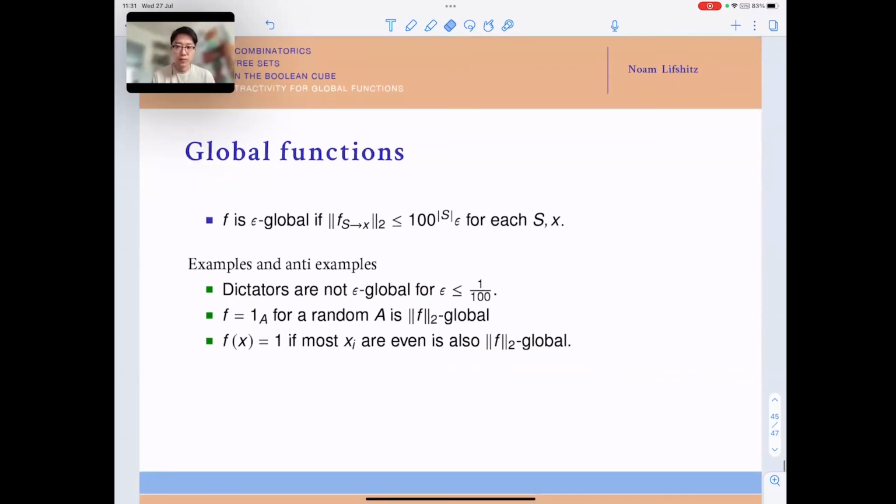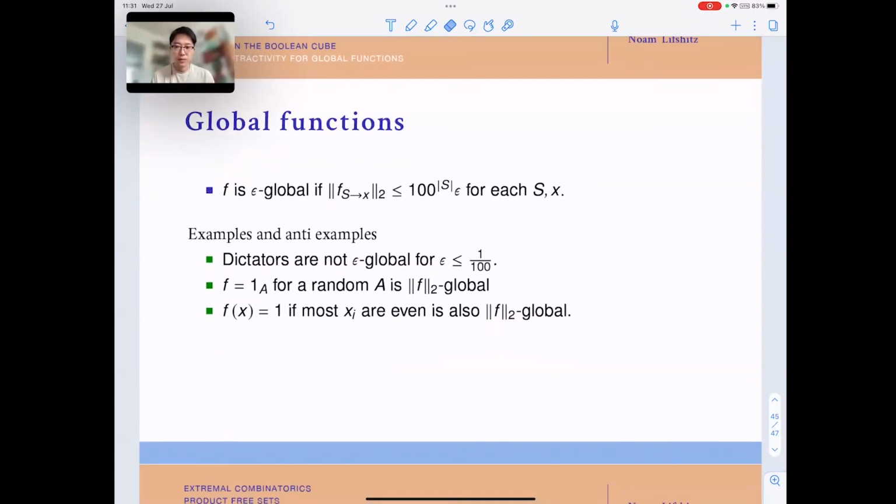So what are examples of global sets? The dictators are examples of sets that are not global, because if we look inside a dictator, the density jumps from being very small to 1. An example of global sets is the random example.